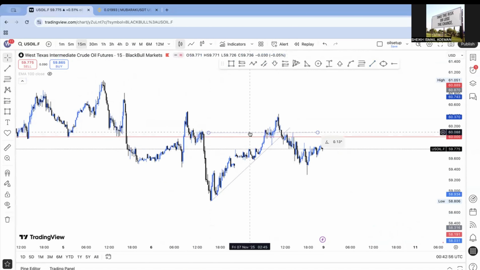What did you see? After here, price broke down, and then retested the level and gave us confirmations right here.